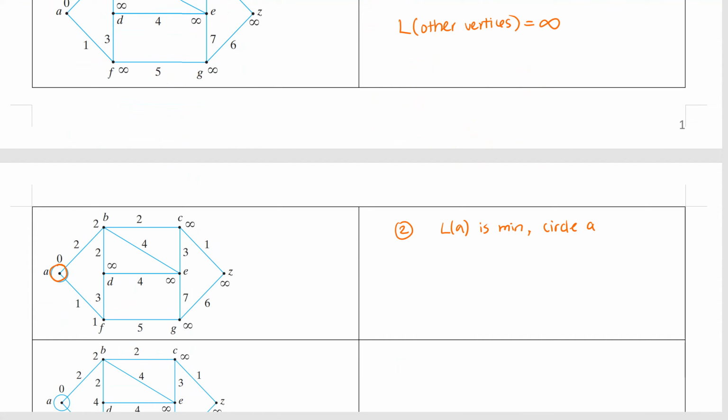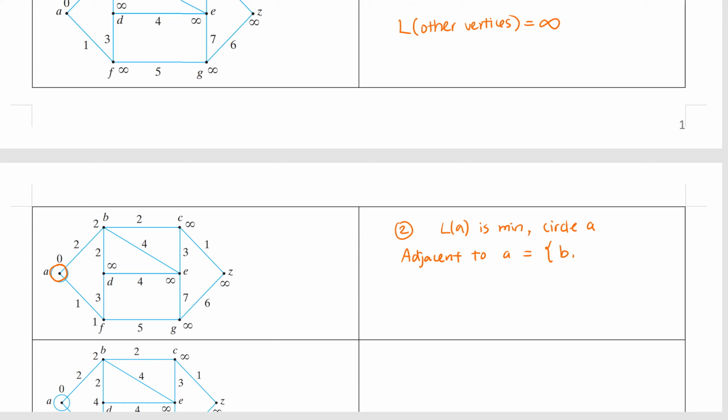Next, we want to look at the vertices that are adjacent to A. What are the vertices adjacent to A? Well, that is B and F, right?